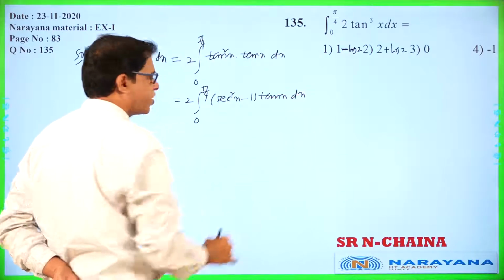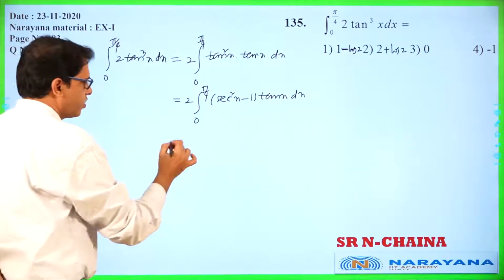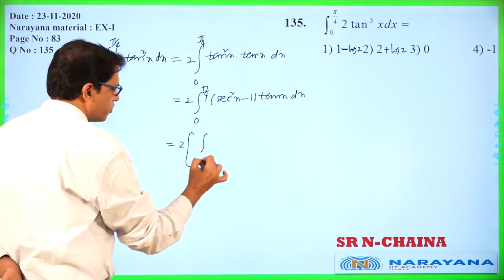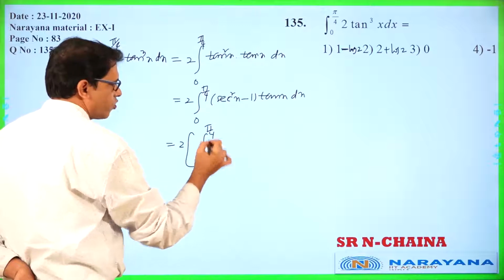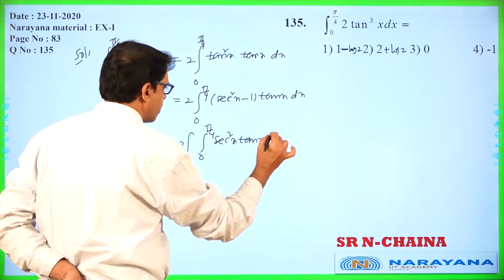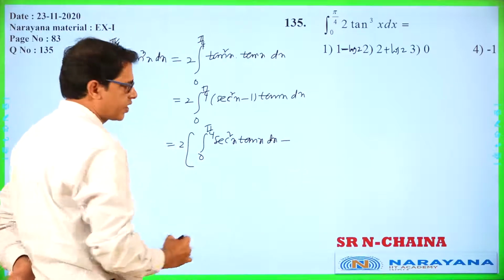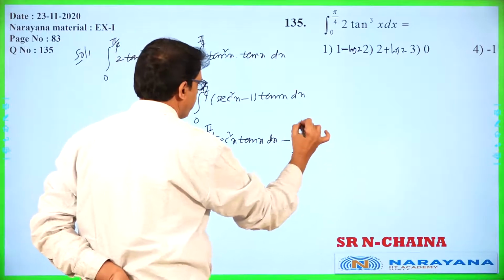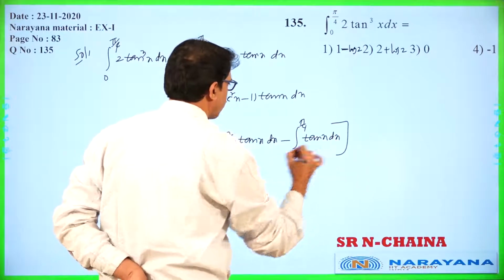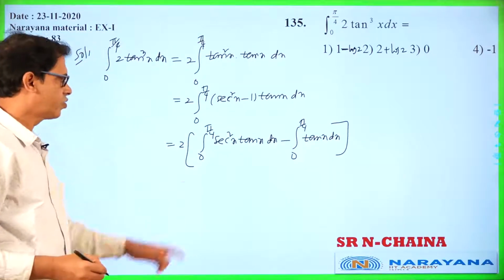Now split it as 2 integrals and integrate separately. So twice of, the first one is 0 to pi by 4, secant square x into tan x dx, minus the second one, 0 to pi by 4, tan x dx. Now close the bracket, now integrate. So what about this one?